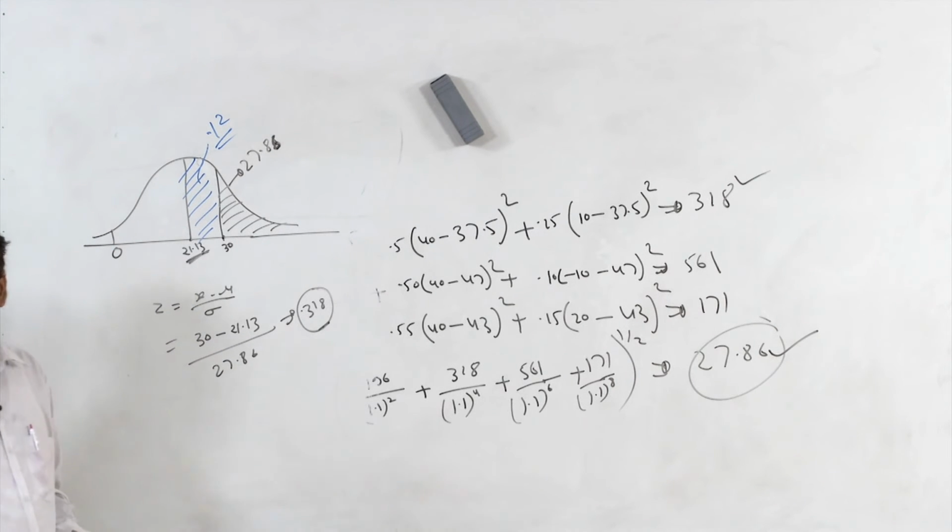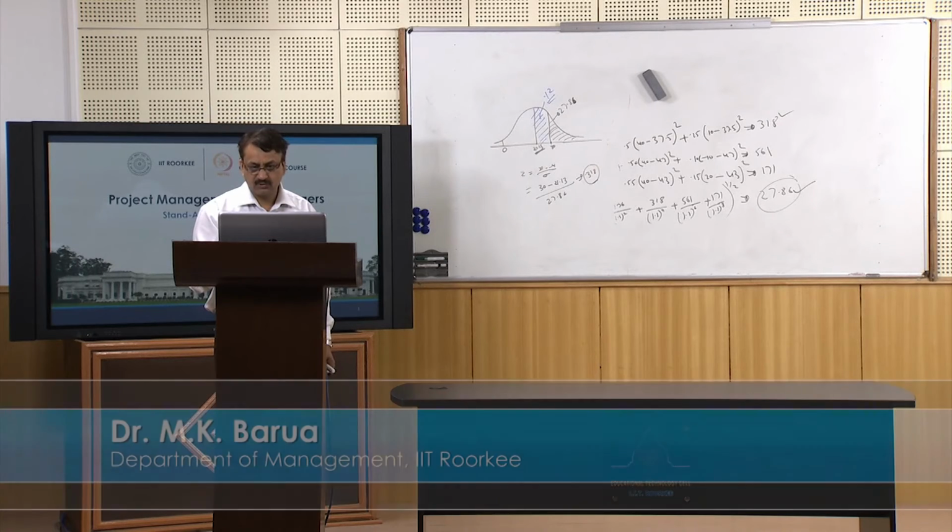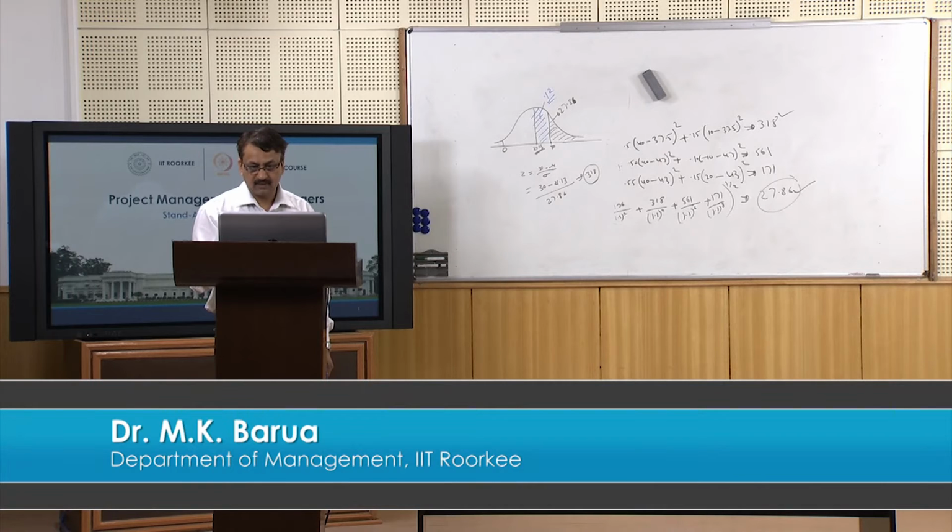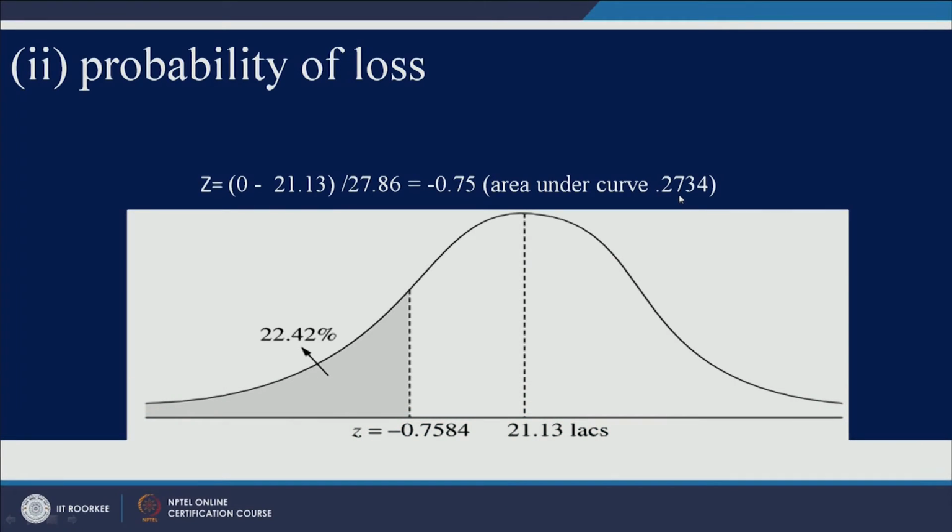and area under curve would be 0.75. So this is 0.2734, right. This is area under curve, 0.2734. Now since you want to know this value, because this area is 0.2734, just keep in mind this area is 0.2734, you want to know this area.